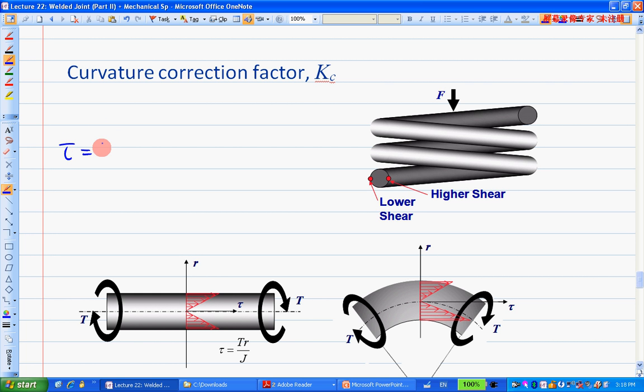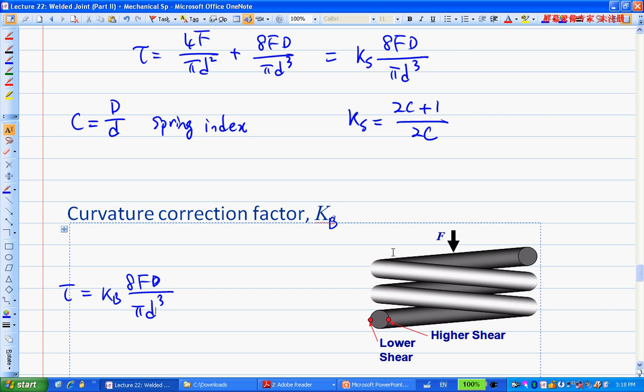There are different modifications here. So I'll use KB here. So-called KB 8FD over pi d cubed. So this is what we're going to use here, okay? So you compare this to the original Ks. So now I'm going to use KB.